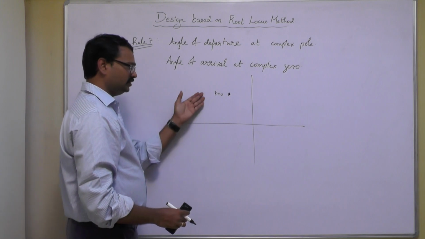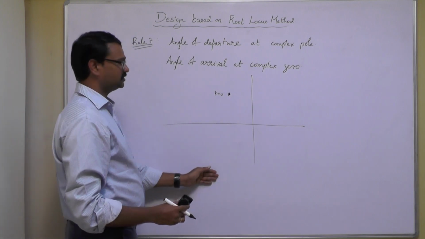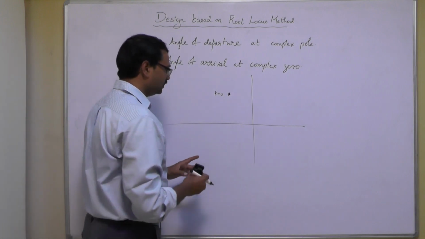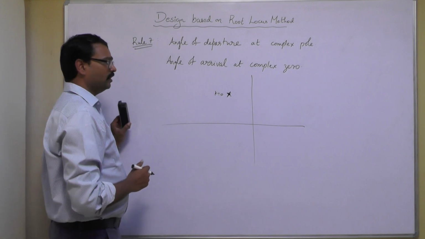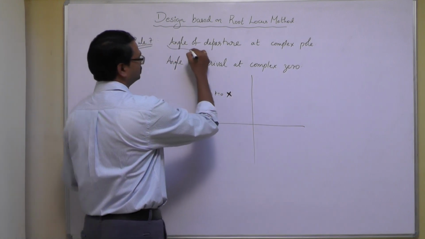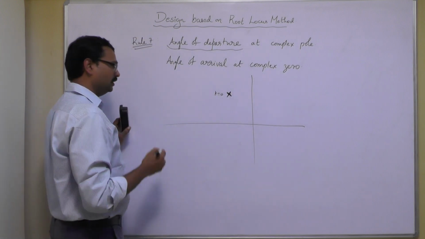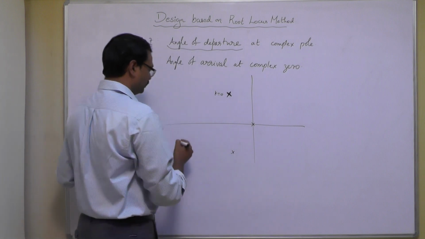When you have one value like this on the space, then automatically there is a complex conjugate value for that. Then we need not consider that. We can study only one pole. Now how to find out the angle of departure at an open loop pole? Let us consider the remaining poles and zeros.